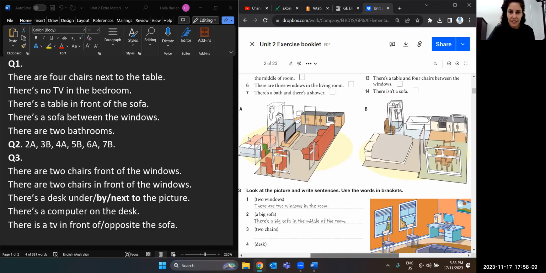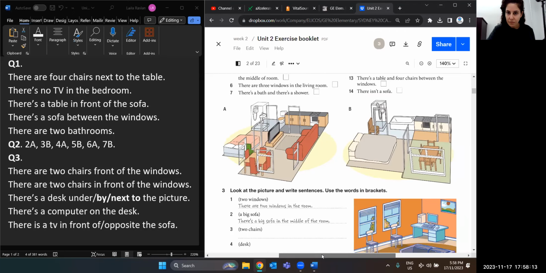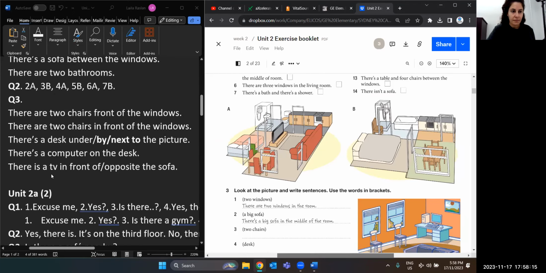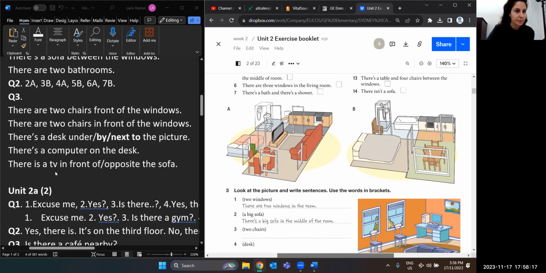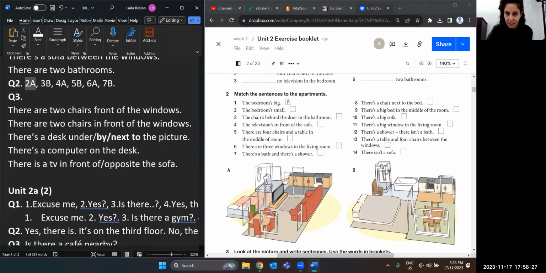Okay, so I can see the bedroom's small. Yep, that's in image A. The chairs behind the door in the bathroom. A. B.